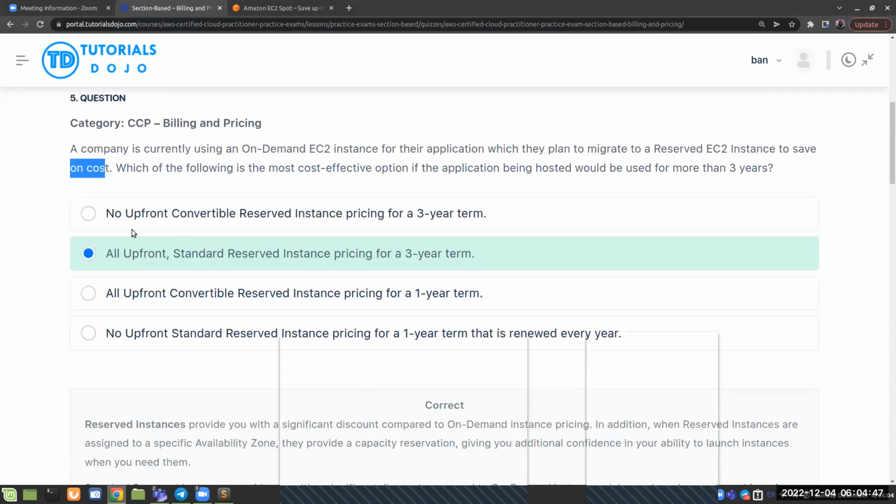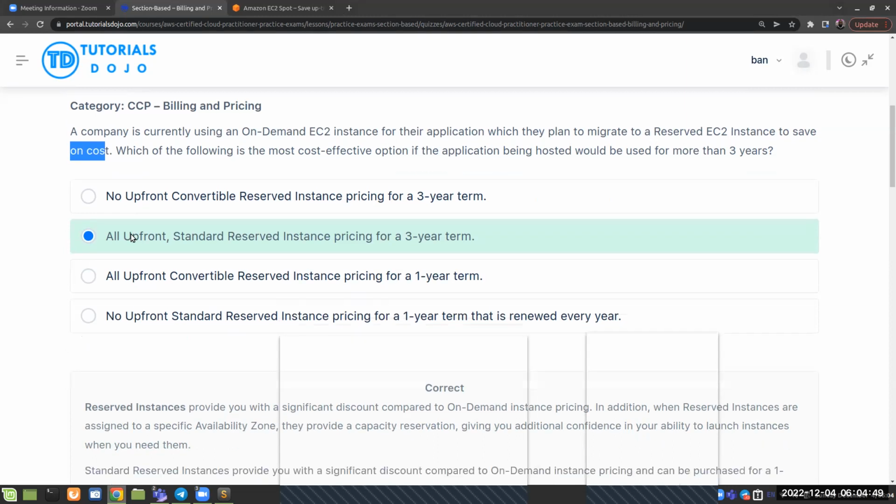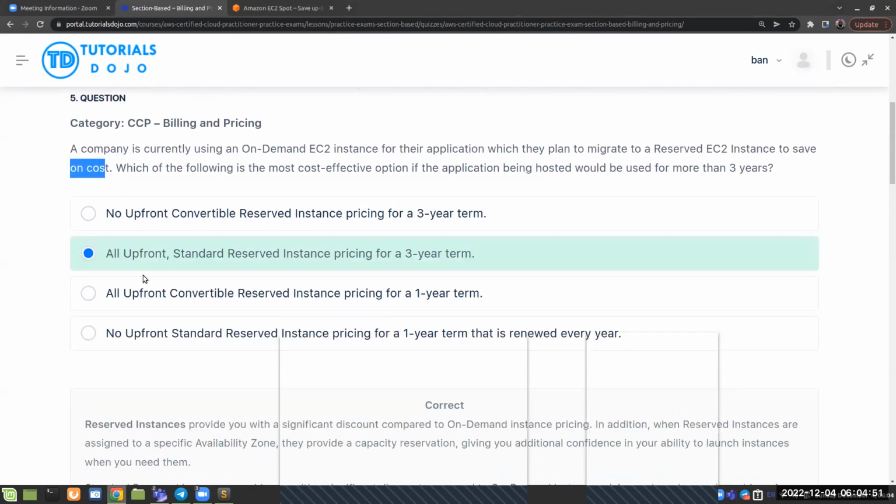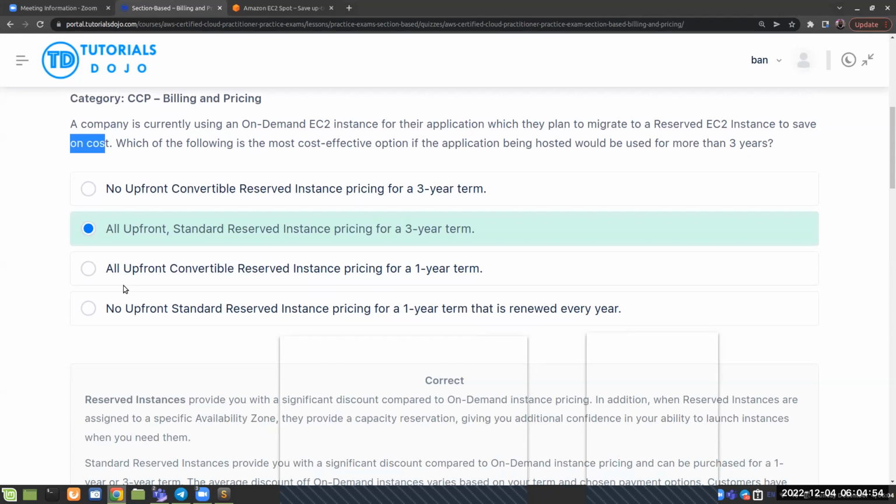We know that there are different payment options. You have the all upfront, the partial upfront, and the no upfront. So from this question, you have 2 all upfronts. Those are already important. The no upfront options are already eliminated because they don't take us anywhere.